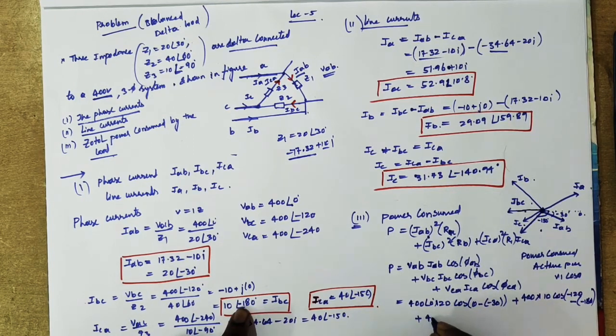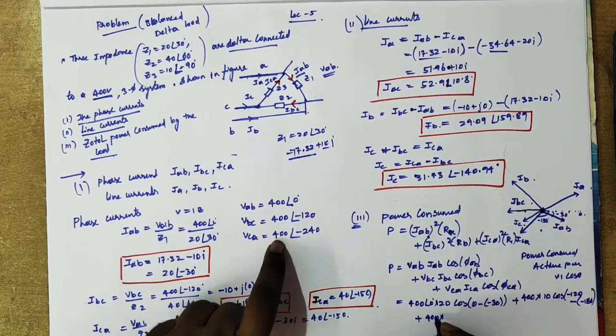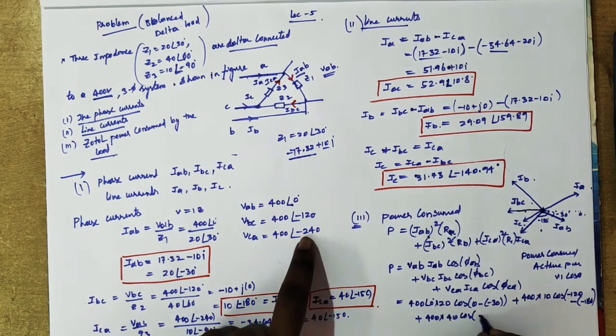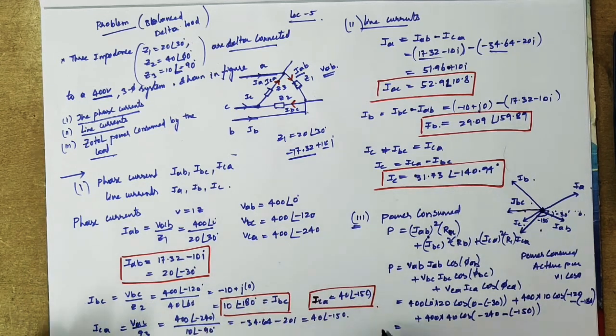Plus 400 into the value of VCA, into 40, cos of minus 240 minus minus 140. Calculating all this, the total power consumed you will obtain is 8928 watts.